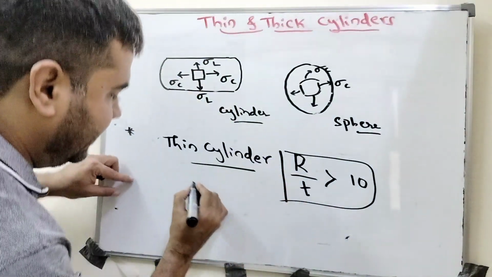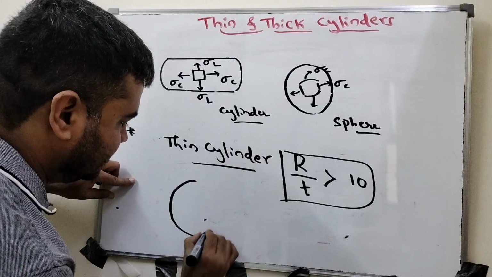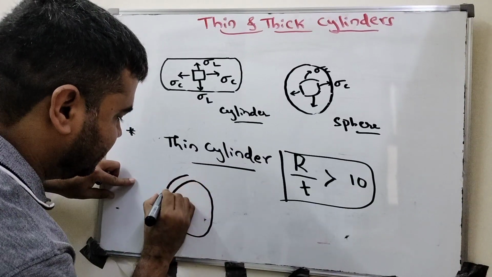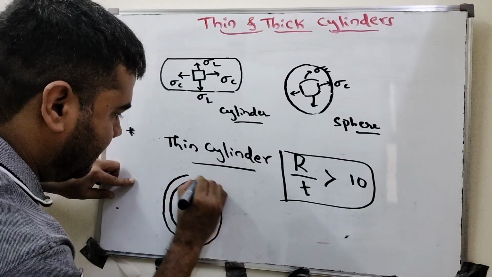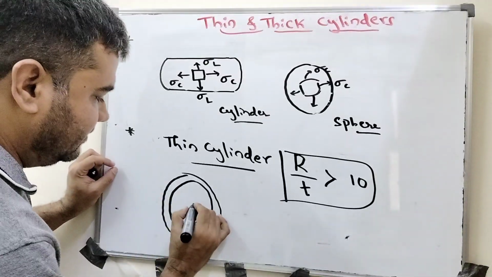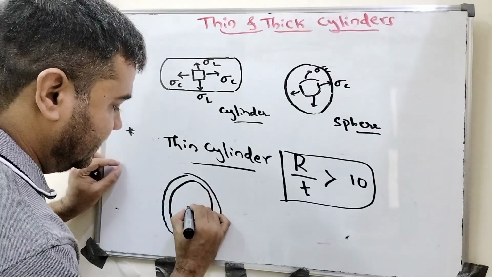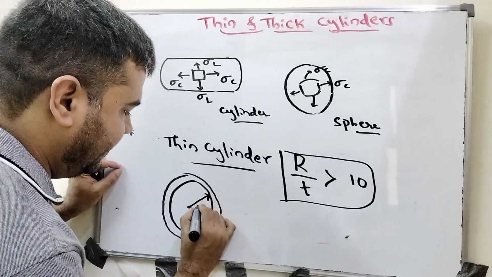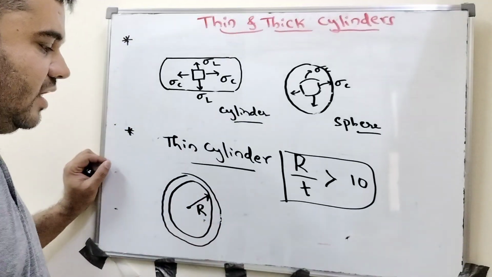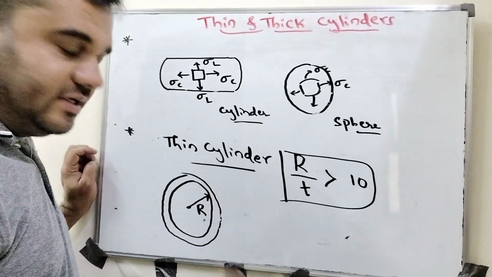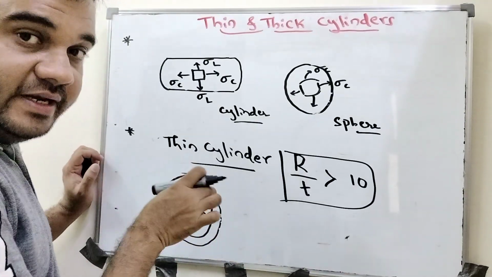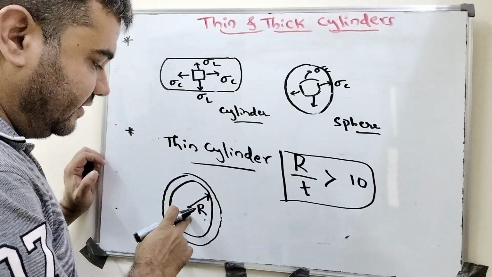I'll draw the sectional view here. This is the cylinder. This is the inner radius, which I'll write as capital R, and the outer radius is R0, but leave that for now. First the inner radius, because we are filling the high fluid pressure inside the cylinder.